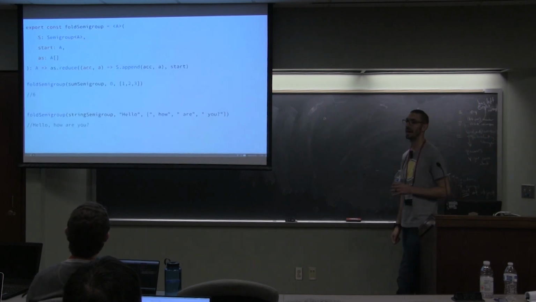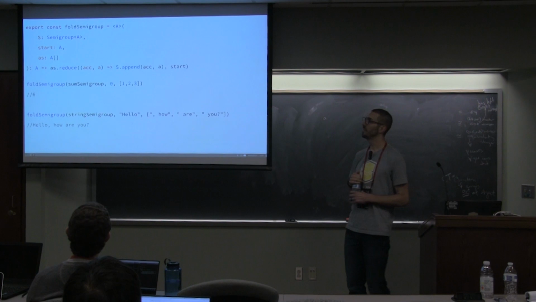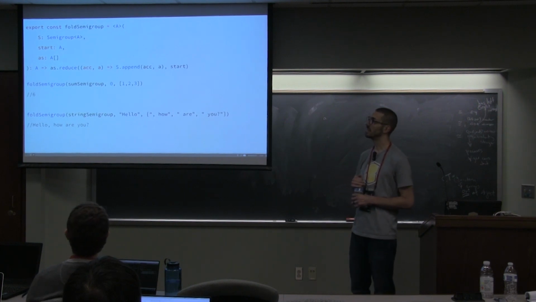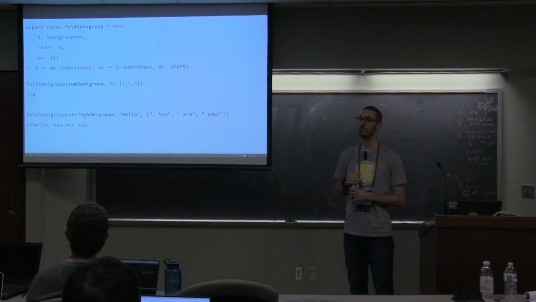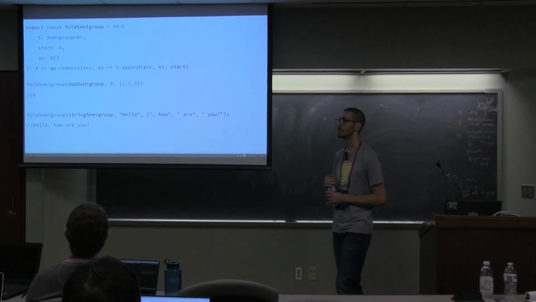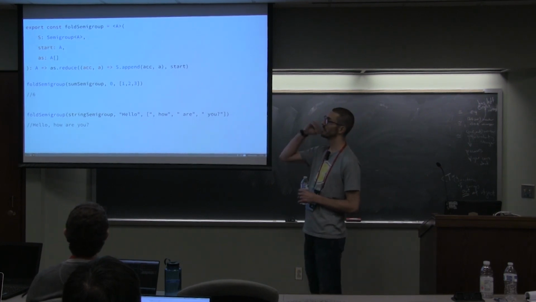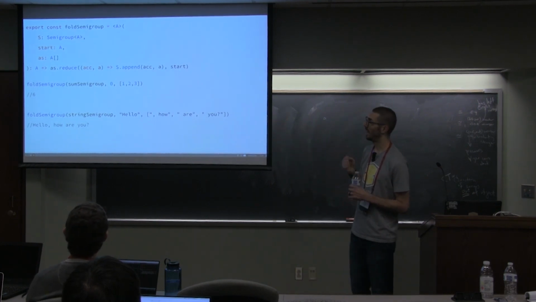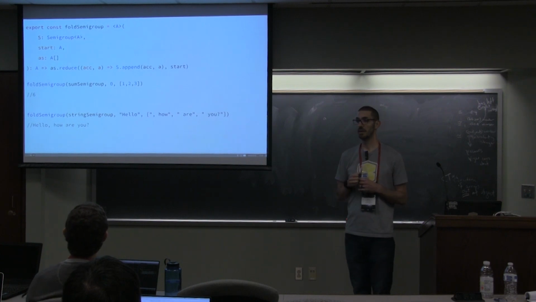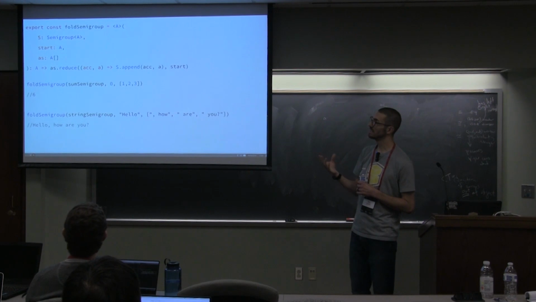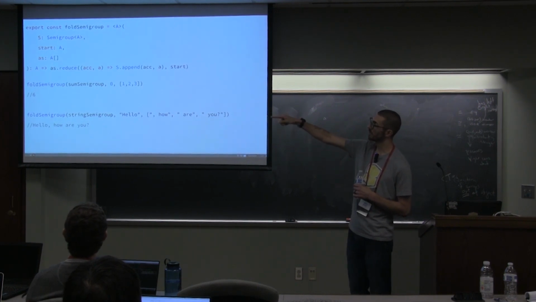So what can we do with that? Well, one thing we could do is define this concept of fold semigroup. What we could do with the semigroup is say, give me any semigroup for an A, give me a starting value that's also an A, and then if you give me a list of A's, I can perform a reduction over those.